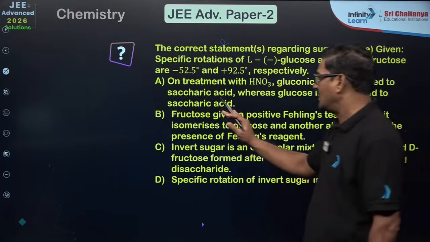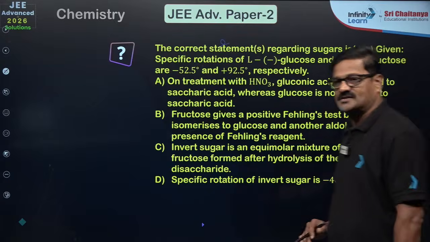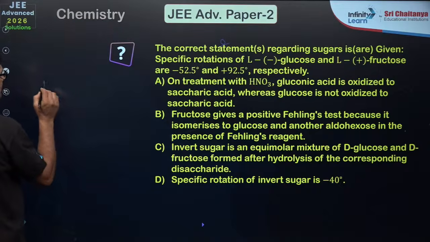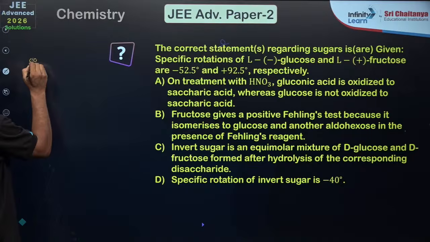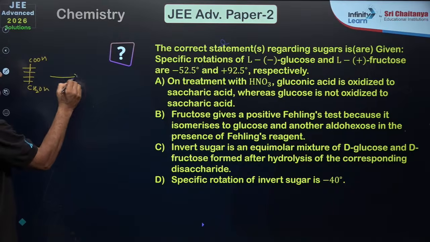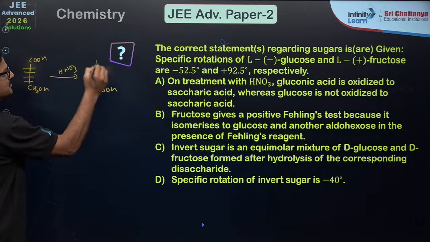It is given that on treatment with HNO3, gluconic acid is oxidized to saccharic acid. Look at this. This is your gluconic acid, COOH, CH2OH. If it is treated with HNO3, it is going to give you saccharic acid.